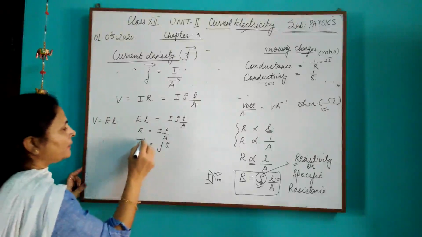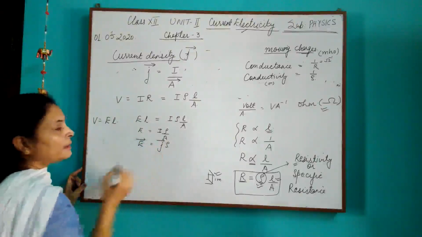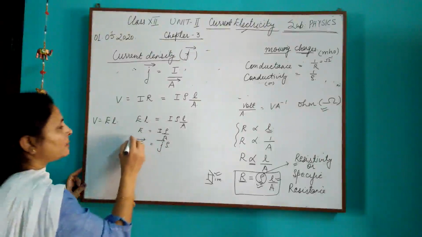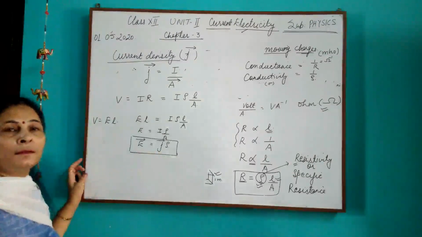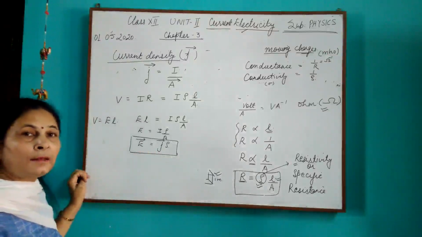Now, electric field is a vector quantity. J is a vector quantity.